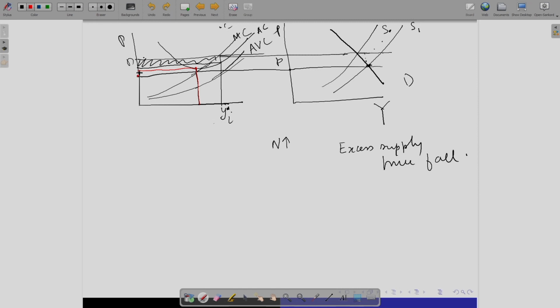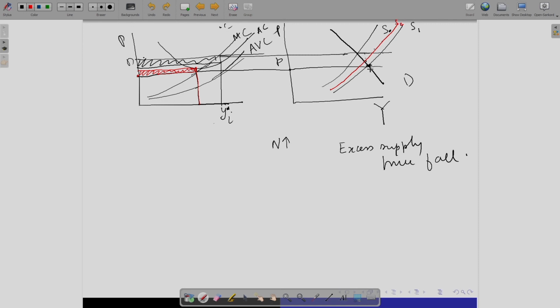So, firms are making a loss of this red rectangle. So, what is going to happen? Now, some firms are going to leave the market. The moment they leave the market, the supply curve will shift like this, and suppose this is S2.